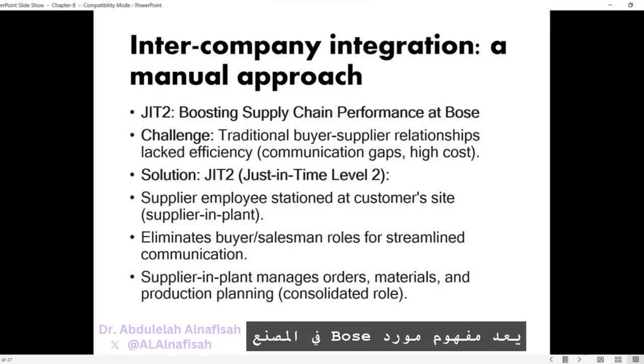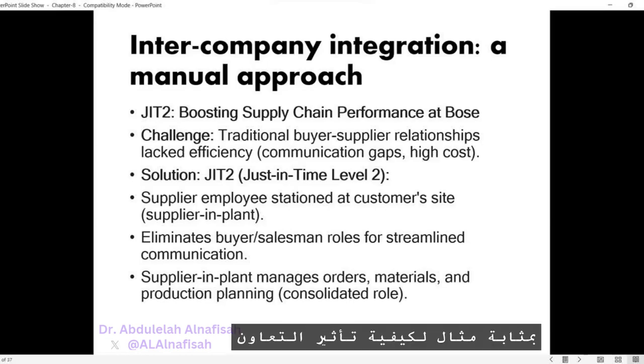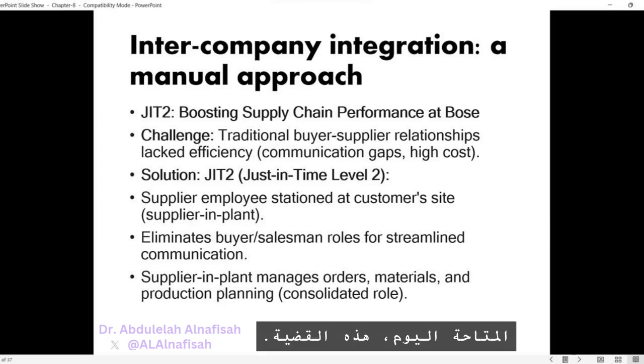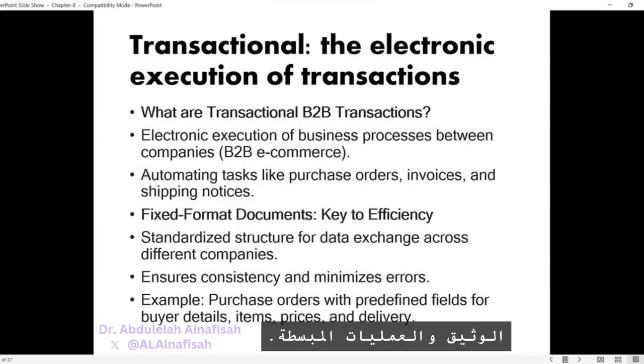The Bose supplier in plant concept serves as an example of how collaboration and integration can positively impact the supply chain. While the supplier in plant concept can be replaced to a large extent by electronic integration techniques available today, the case study demonstrates the advantages of close collaboration and streamlined processes.